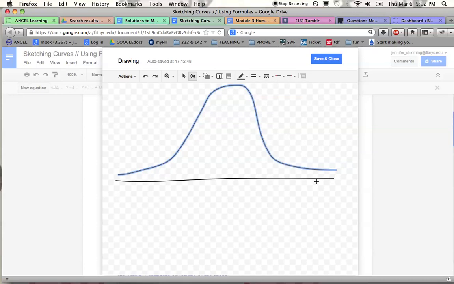So here we're writing the z-scores. Remember, right dab in the middle, we have 0. We have 1, 2, 3. And on the opposite side, we have -1, -2, -3.